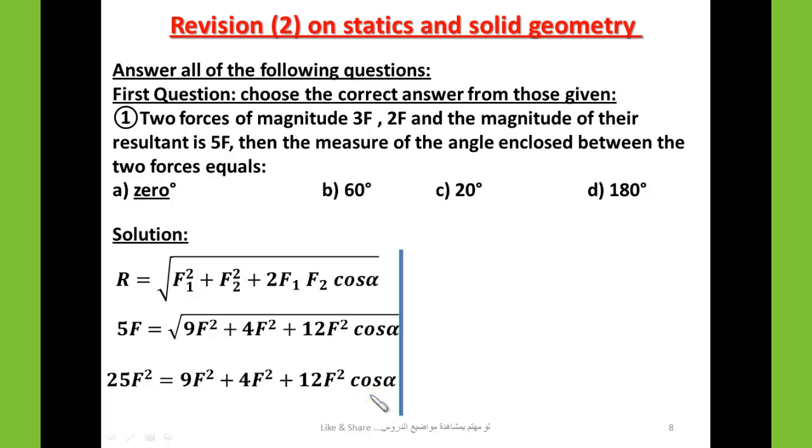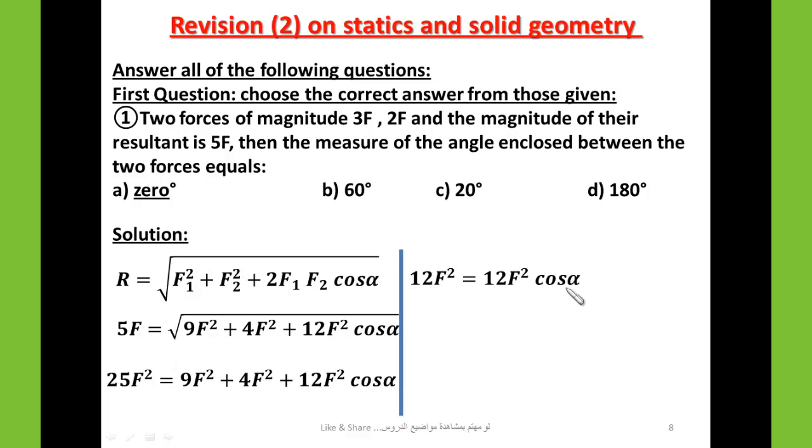And by simplifying the two sides, we have 12F square equals 12F square cosine alpha, because 9F square plus 4F square is 13F square, and 25F square minus 13F square equals 12F square.